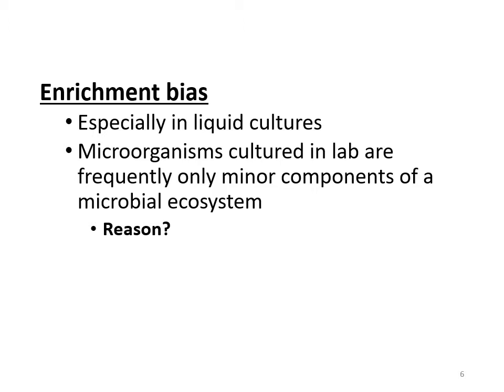Because the nutrients available in the lab culture are typically going to be much higher than in nature, where there's kind of that limitation of nutrients and they're not just given food, they have to search it out and find it. So the enrichment bias ends up having what you may call weed species, kind of like weeds in a garden.